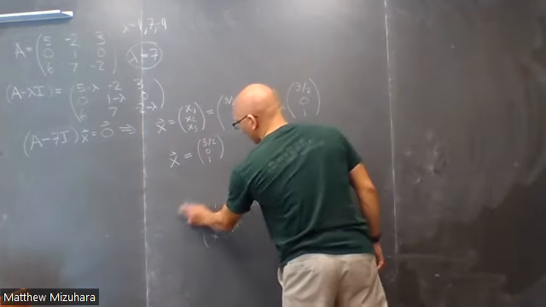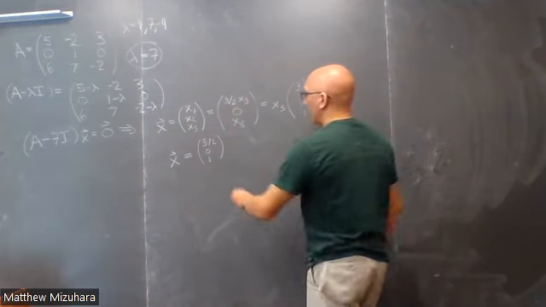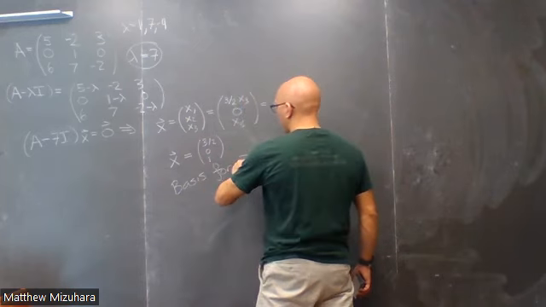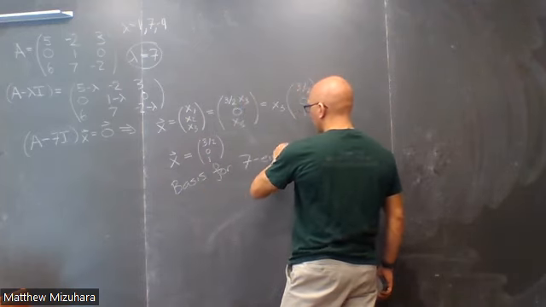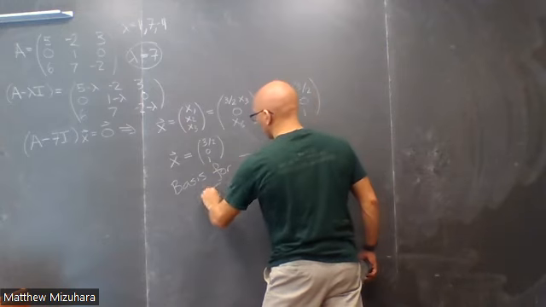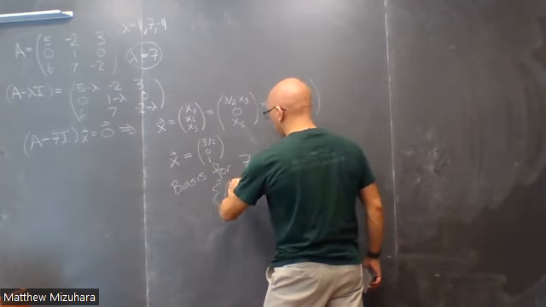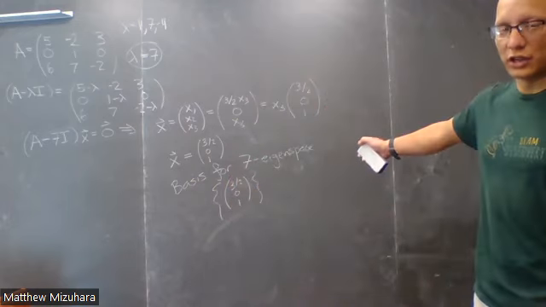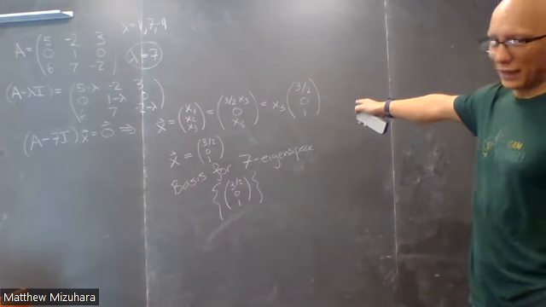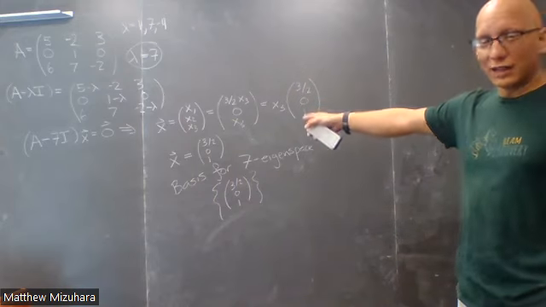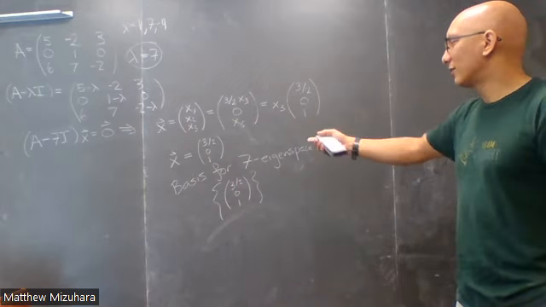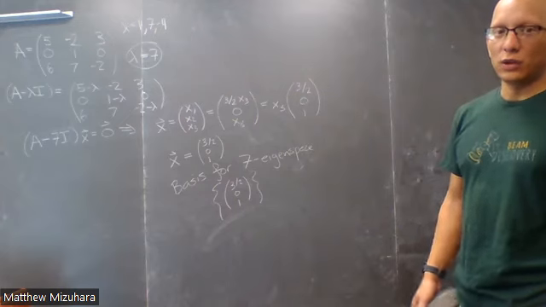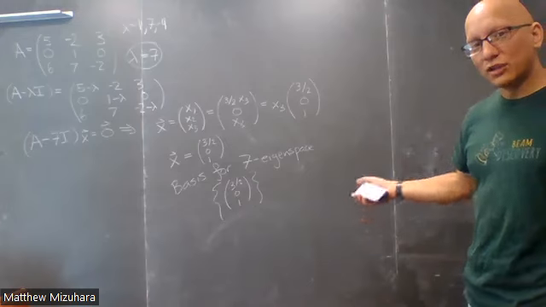So if I wanted not just the single vector, but, say, a basis for the 7 eigenspace, in fact, there's only one free variable, there's only one generating basis vector, that 3 halves, 0, 1. So that is one example of an eigenvector, but in fact, it also is a basis for the entire eigenspace. We see in this case, the eigenspace is one-dimensional.